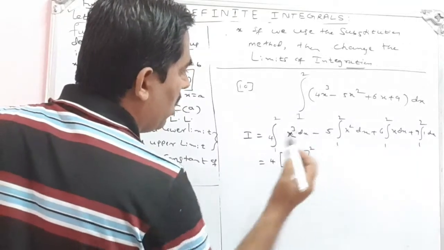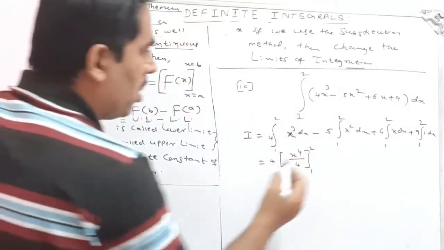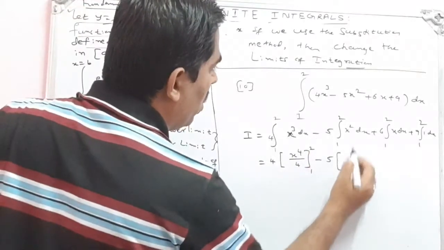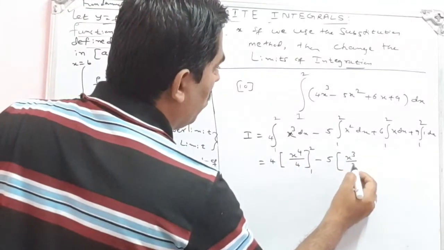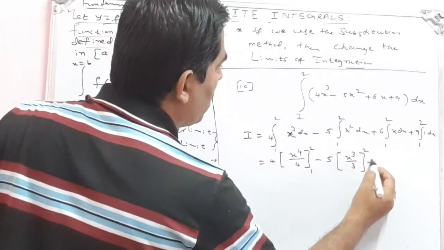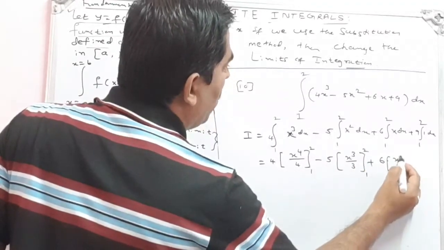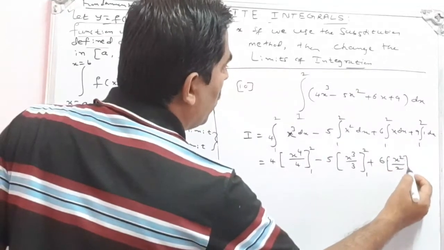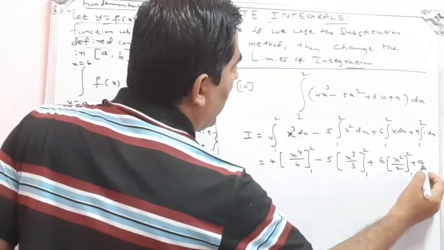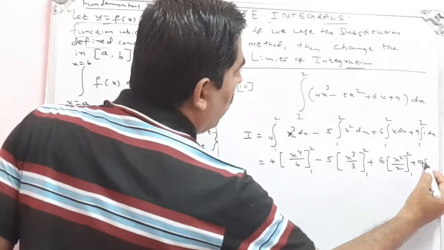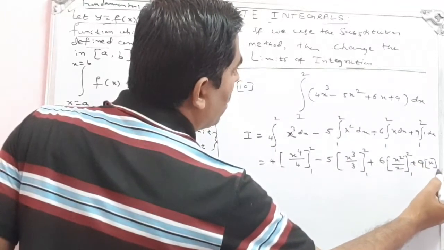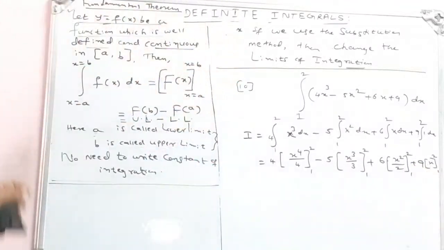Now write the limits. Then minus 5 into integration of x square, which is x cube divided by 3. Then plus 6 into x to the power n plus 1 by n plus 1 from 1 to 2, plus 9 into integration of 1 with respect to x, which is x, limits 1 to 2.